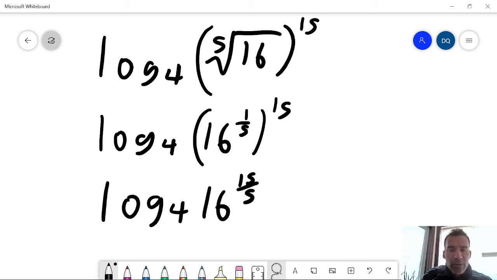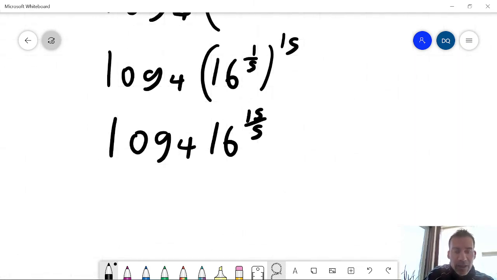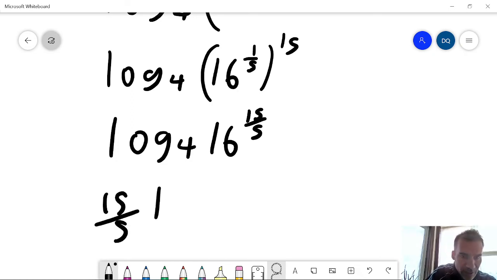Okay, so what did I do here? The 5th root of 16 is 16 to the 1/5. And then when I take 16 to the 1/5 and raise it to the exponent 15, I multiply the exponents together. Now I've got the base 4 log of 16 to an exponent. I can use the power law and say that is 15 over 5 times the log base 4 of 16.